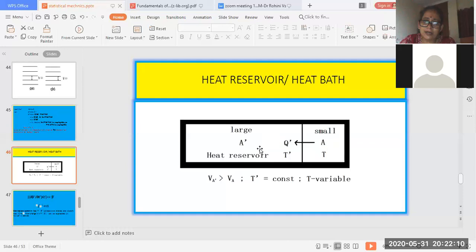So A dash is receiving an amount of heat Q dash from A, and temperature of A dash I have taken as T dash, and temperature of this is T. So this is small compared to this, it is comparative. If this is the case, what happens? We call the larger system a heat reservoir.